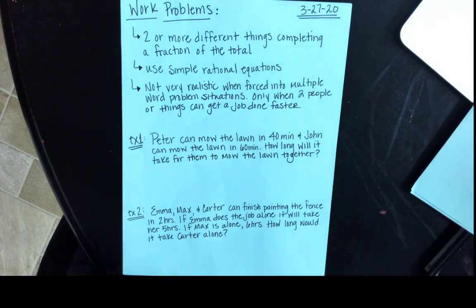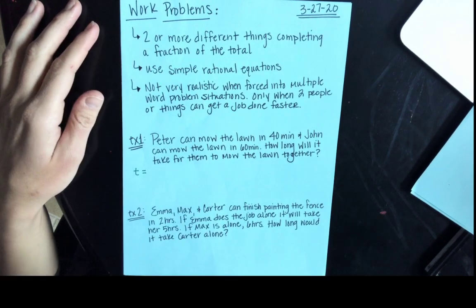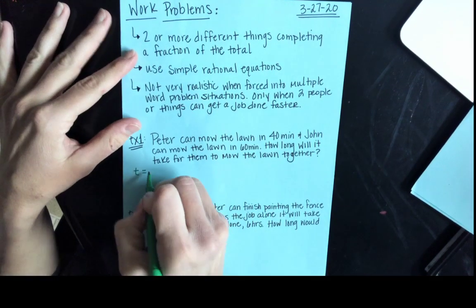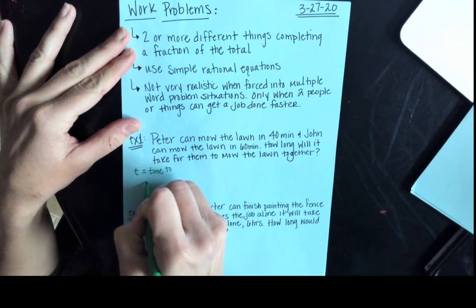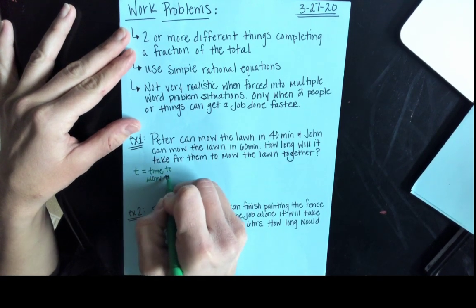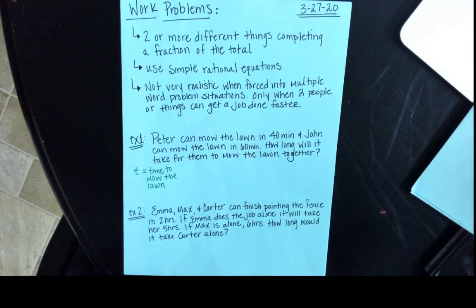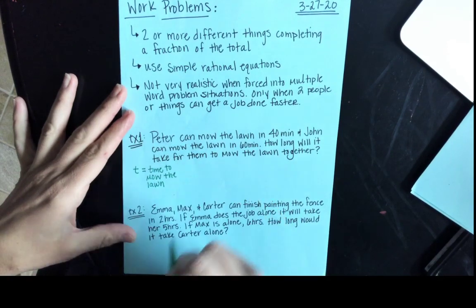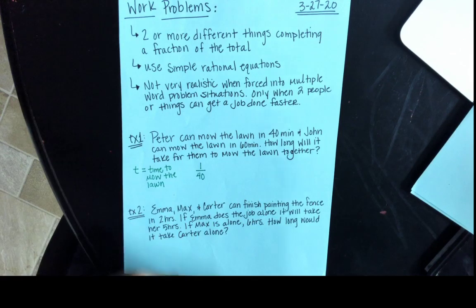So when we set up the work, we always want to give the time it takes some kind of variable. Whether it's x or t doesn't matter. So we're going to say t is the time to mow. We want one job, mowing the lawn. Now, Peter can do this in 40 minutes. So the one job Peter can do in 40 minutes, we're going to look at as 1 over 40.